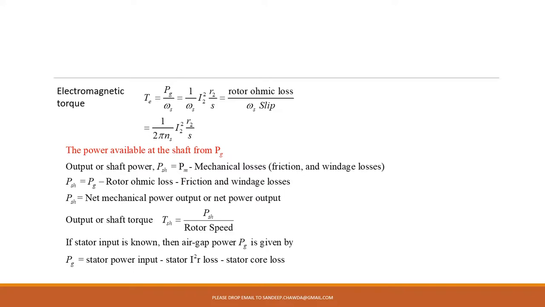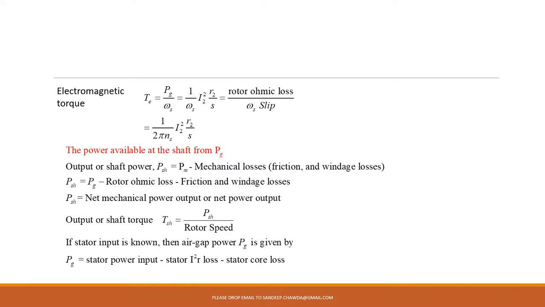We have also talked about the shaft power, and shaft torque. Shaft torque will be given by shaft power divided by rotor speed, and the shaft power or output power is the power which is available at the shaft. At the shaft, the power available will be the mechanical power minus the mechanical losses.